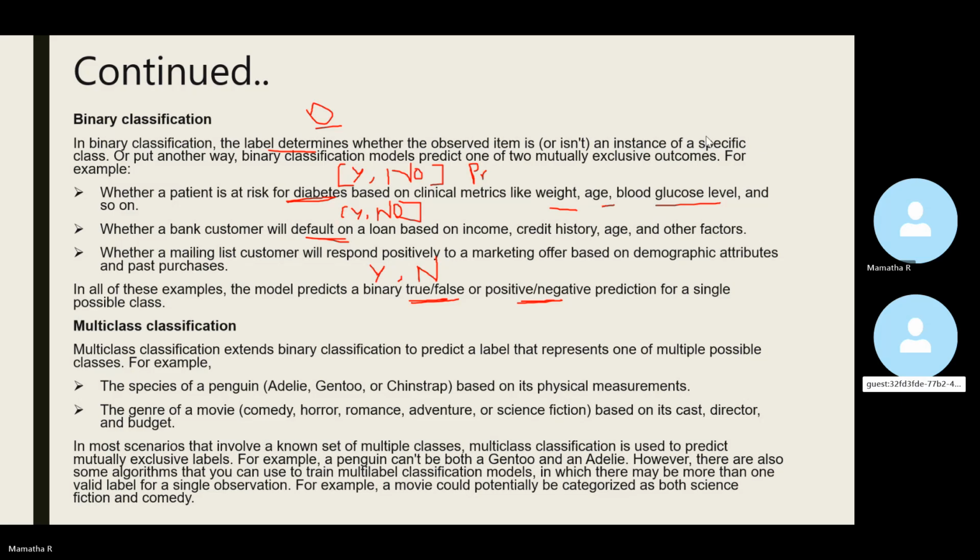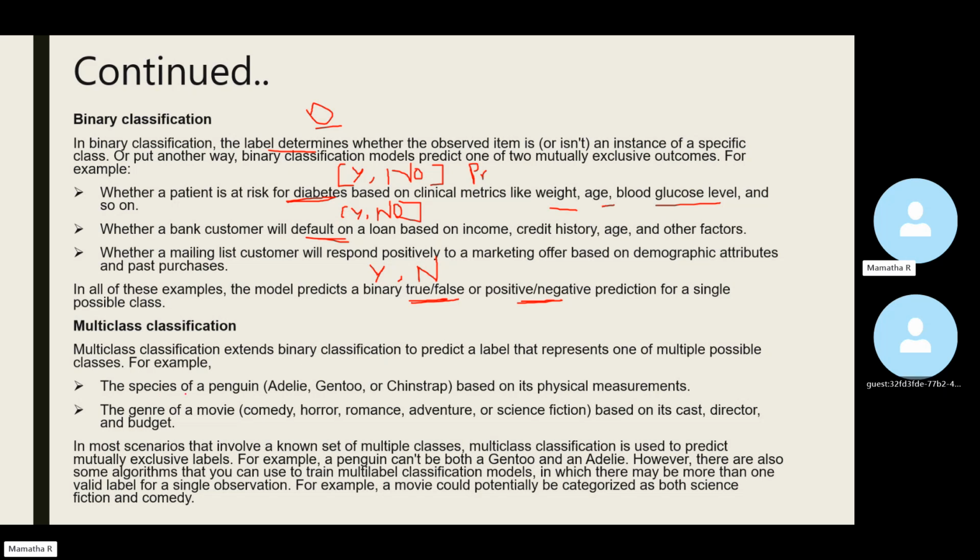When we go with the multiple classification model, it is kind of an extended version of binary classification. It will predict a label that represents one of multiple possible classes, where there are multiple predictions that we can do with the given parameters.